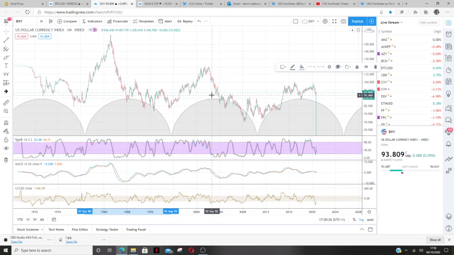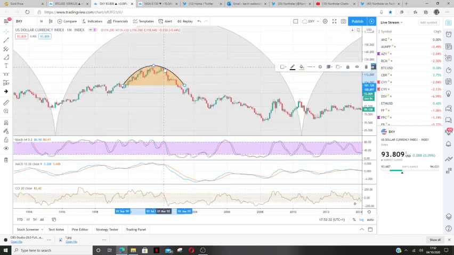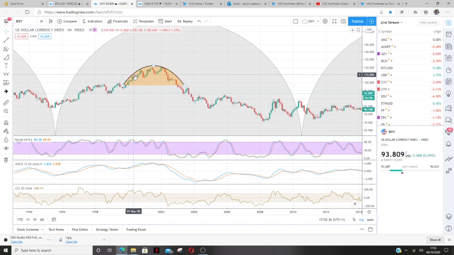And you've got 1, 2, 3 touches on the arc there, one there, well, several actually at that point in time, and here as well. So there's that topping formation.